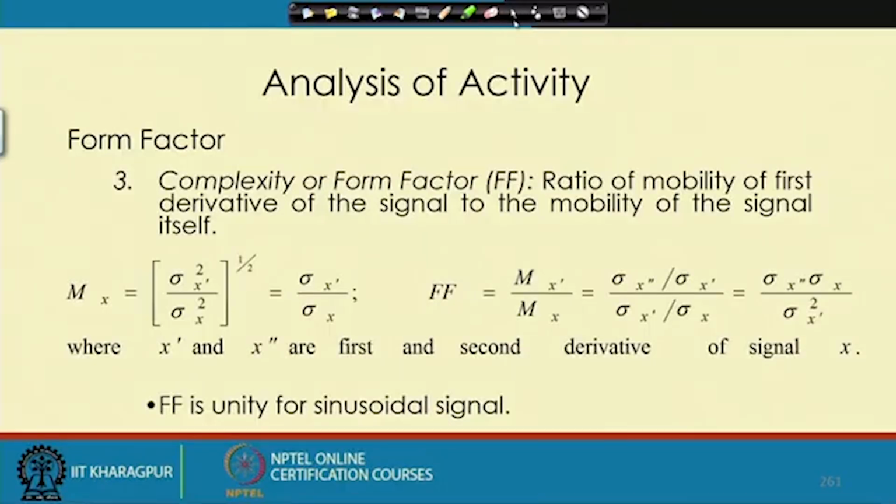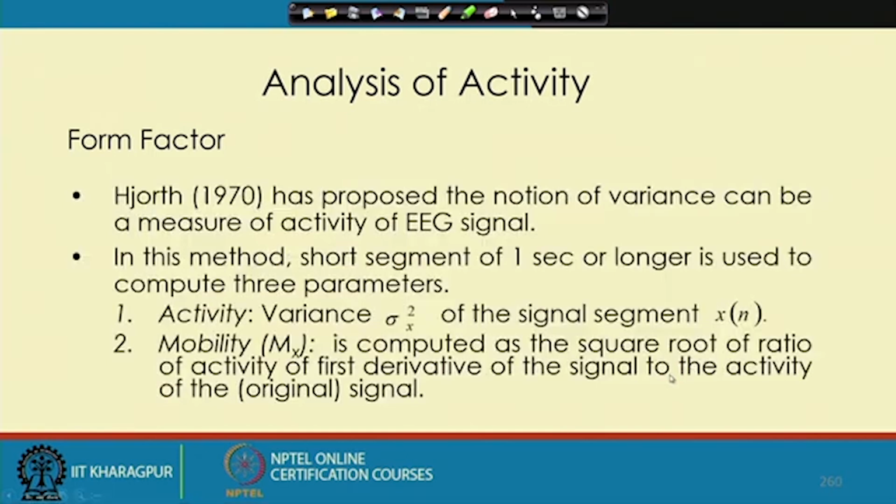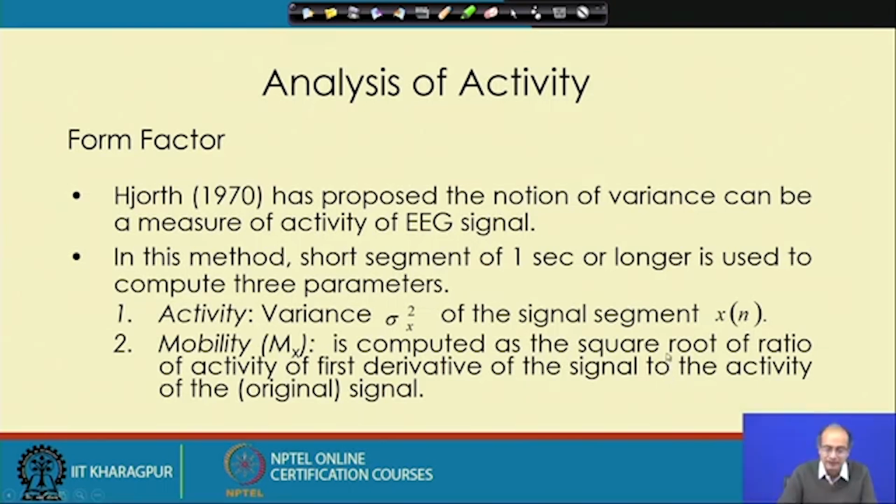So, that is what we are looking at, and not only the form factor, along with that we have the measure of the energy that is given by the previous parameter, that is the activity of the signal, as well as the ratio of the activity of the derivative signal and the original signal, that is the mobility.